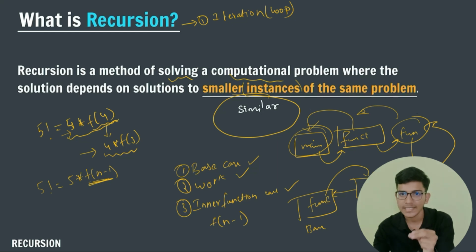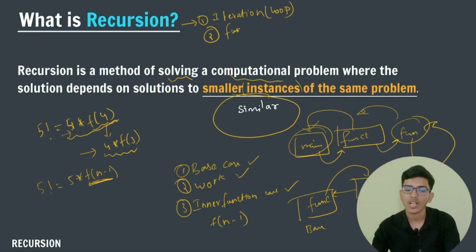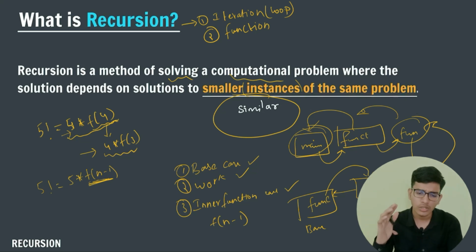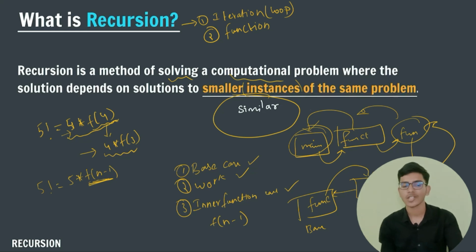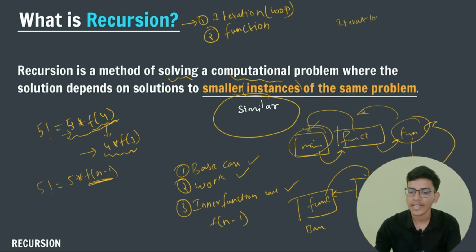If you have studied these three things, then well and good. The second one is how we call a function: function declaration, definition, and calling, how we give parameters, and how we pass an array. If you know these two chapters, then we are ready to do our chapter on recursion. I want to tell you one more thing: if you know iteration and recursion.